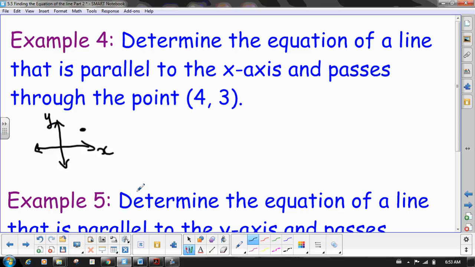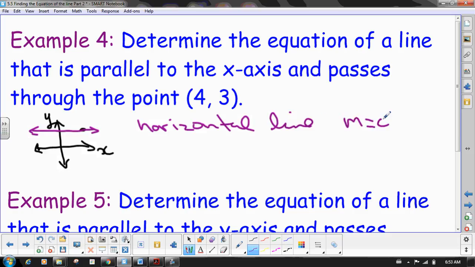This is the y-axis. So if the line is parallel to the x-axis and passes through this point, it's going to look like this. So we have a horizontal line. And what do we know about horizontal lines? The slope is 0, y is always the same. Therefore, this equation would be y equals 3.